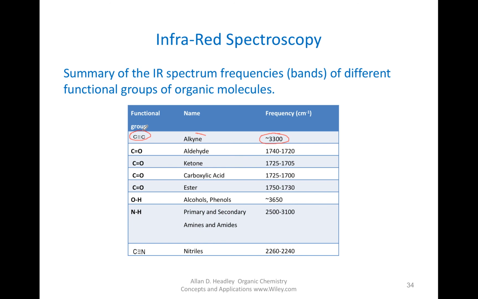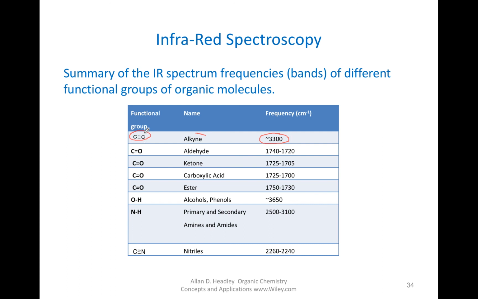It will absorb that energy from the infrared radiation, and there will be a signal because the instrument is programmed to recognize when energy is absorbed. So here's just a summary.